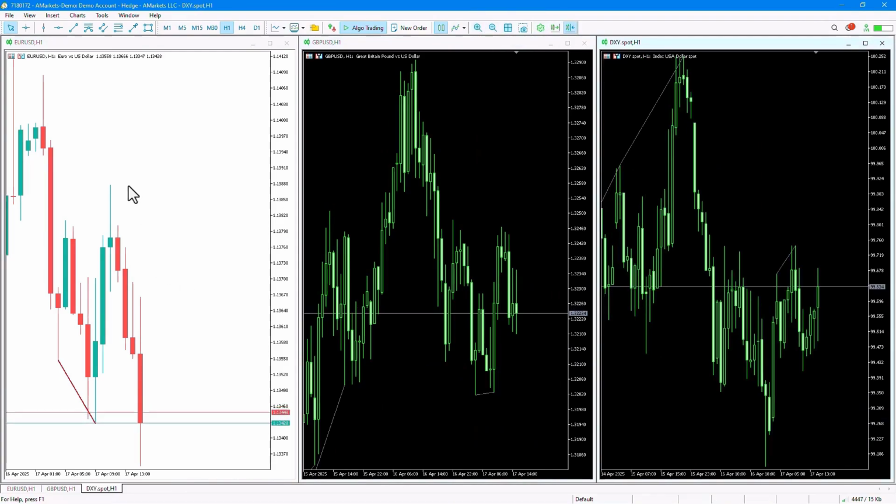In the first symbol, EURUSD, the price has moved downward and formed a lower low. In the second symbol, GBPUSD, the price has moved upward and formed a higher low. And in the third symbol, DXY, the price has hit a higher high.